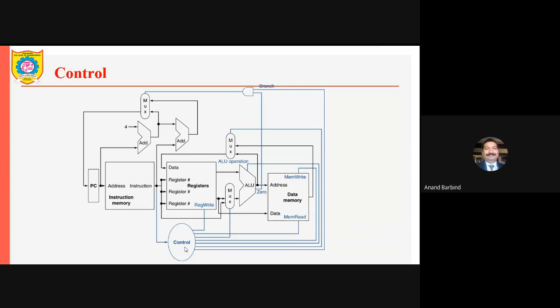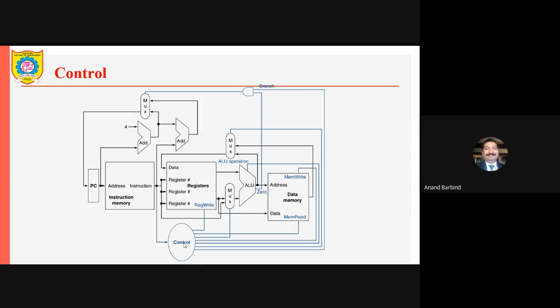If it is not, its branch output will be 0. Like that the control unit generates many control signals. Some of the control signals have been shown here, but many are not shown. In the earlier diagram also this control unit was not shown, but the control unit is one of the most important parts of any processor.